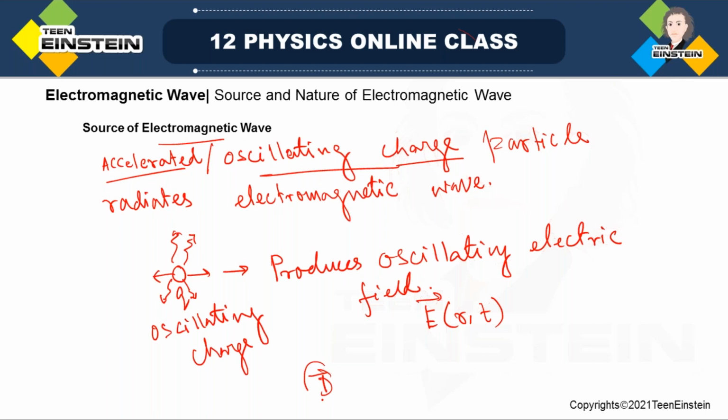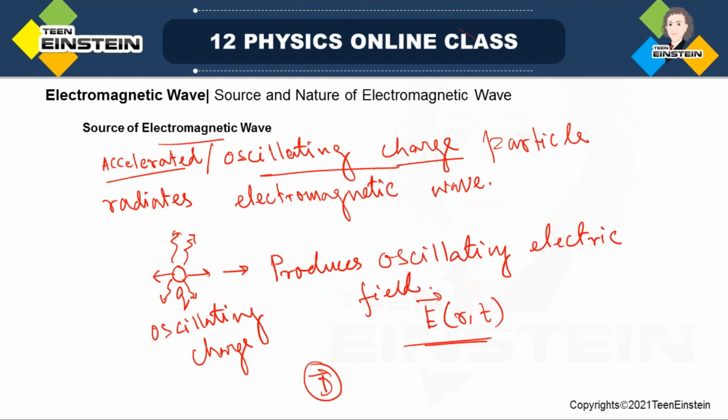Maxwell had established that an oscillating electric field produces a displacement current, and that current produces a magnetic field which is oscillating with time and space.